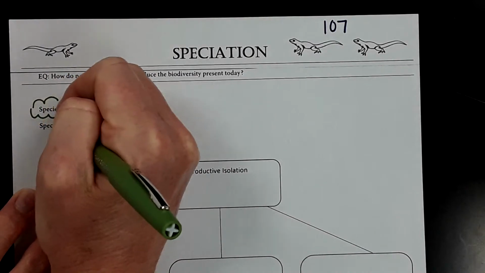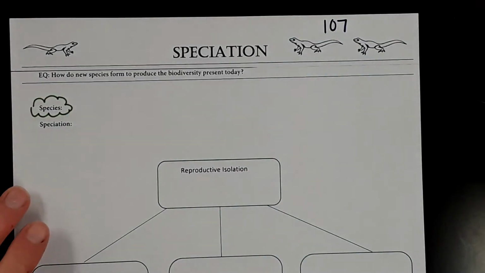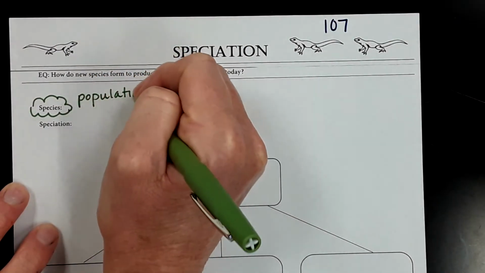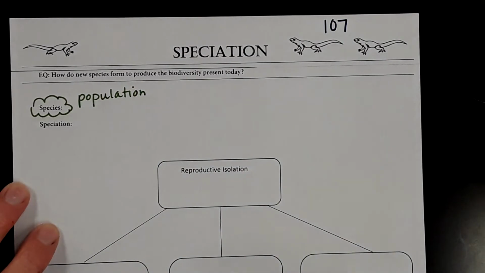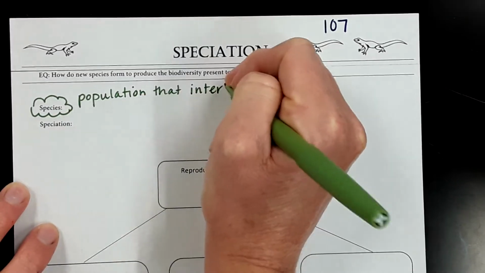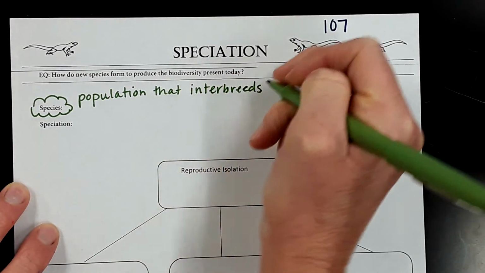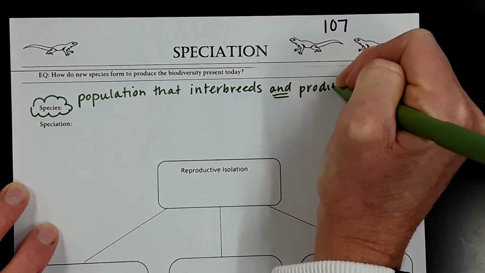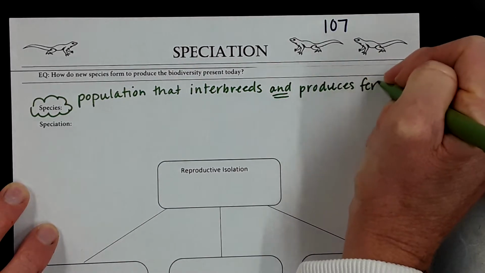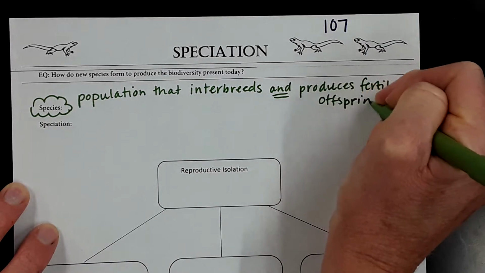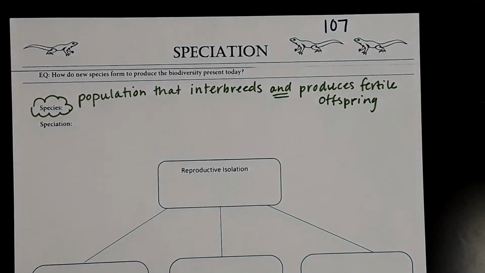It means that you are a population of organisms that interbreeds and produces fertile offspring. And the process of speciation is just the process of how those species form in the first place.